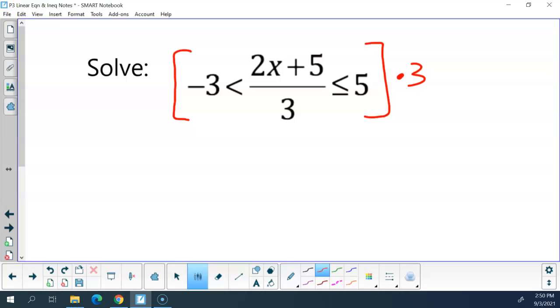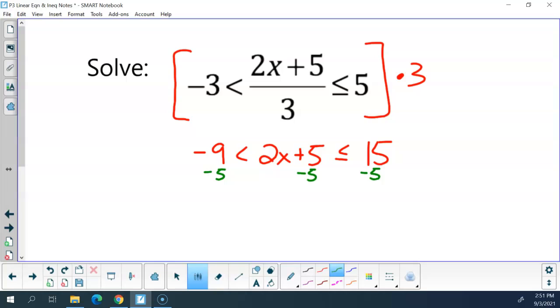That's going to give me negative 9 is less than 2x plus 5 is less than or equal to positive 15. Okay, now what? Subtract 5 from everywhere, the whole thing.